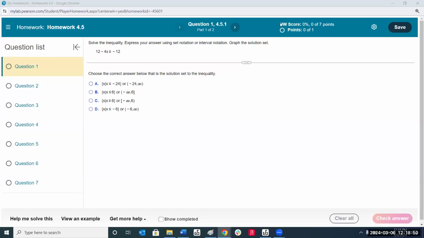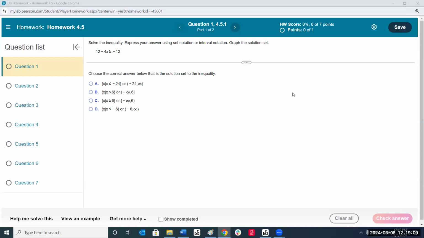Yeah, 4, 5, number 1. This says 12 minus 4x is greater than or equal to -12. Express your answer using set notation or interval notation. Okay.